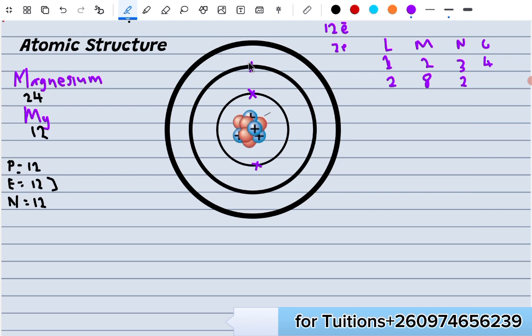When there are 8, you can always pair them. Then the other 2 that were remaining, you can put them like this as well. So there are 12 altogether. I hope you've learned something. That's how you can show atomic structures of different types of atoms.